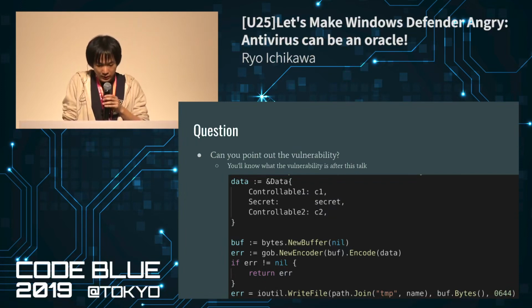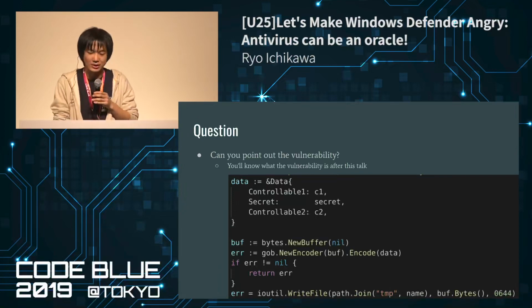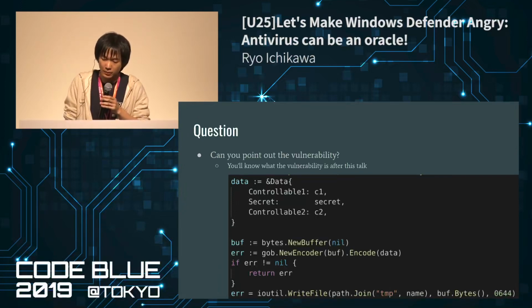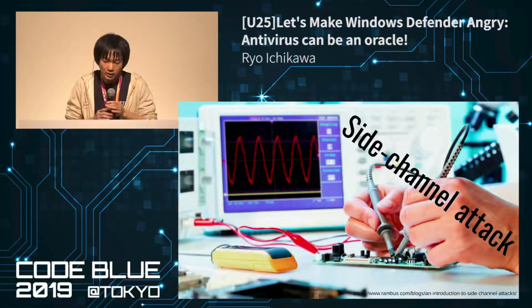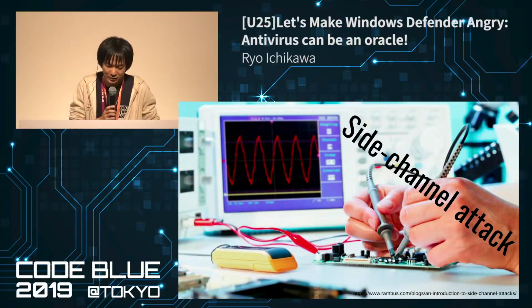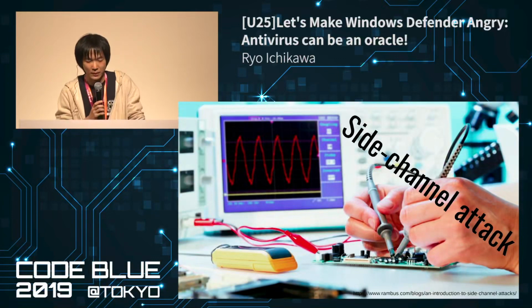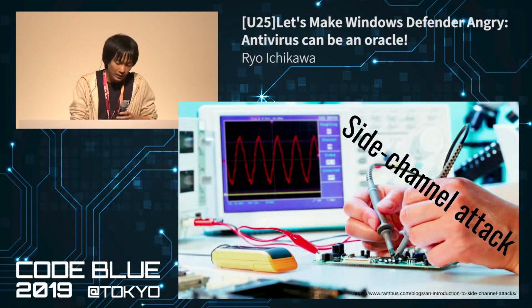Of course, you cannot get a shell in this code unless some zero-day exists in Golang. But how about data leaking? Like a side channel attack? This picture is about power analysis. Of course, I will not talk about power analysis attacks. Everything will be done in software land.